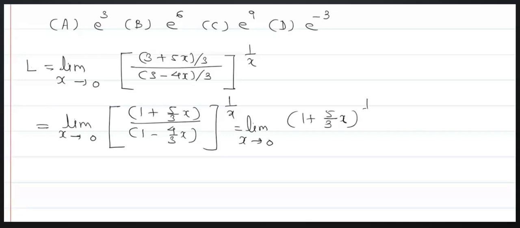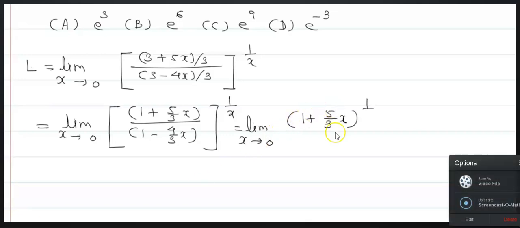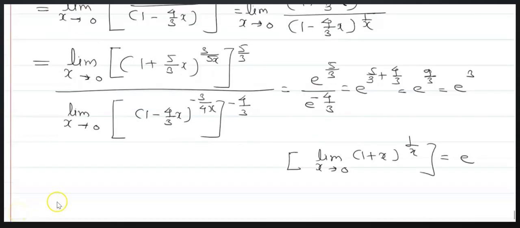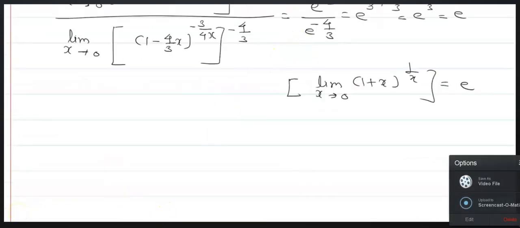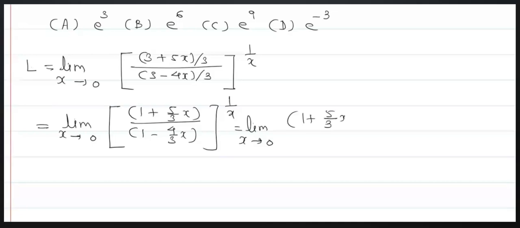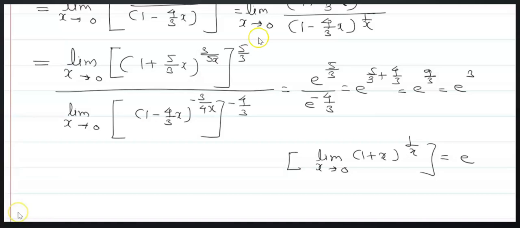And 1 plus 5x upon 3 whole bracket raised to 1 upon x, 1 minus 4x upon 3 whole bracket raised to 1 upon x.